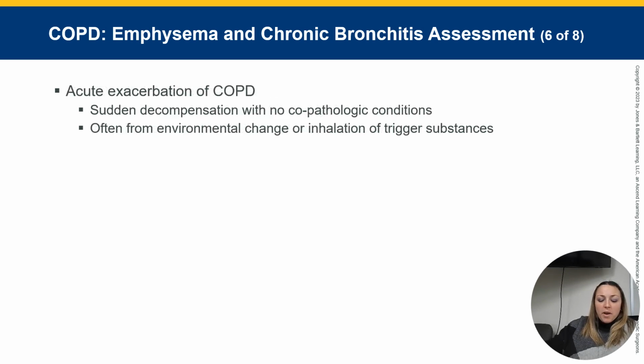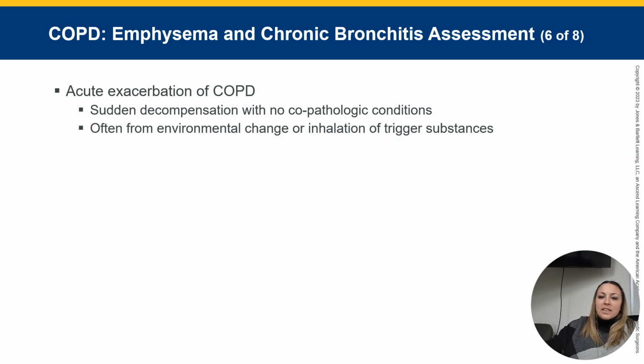And then what we really see is that the times we get real aggressive with our treatment is when we have acute exacerbation of COPD, and that's like a sudden decompensation. It's not because they have another illness, it's not because they're sick or because they got exposed to smoke, but it can just be from environmental changes.